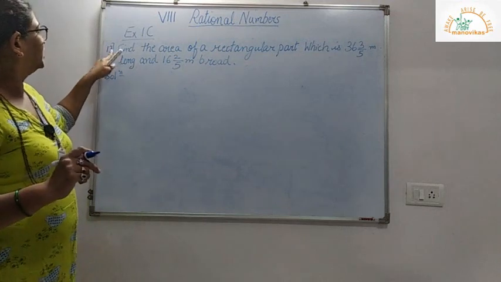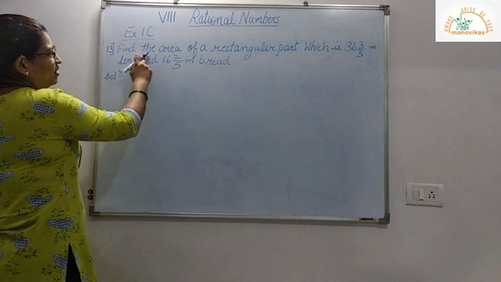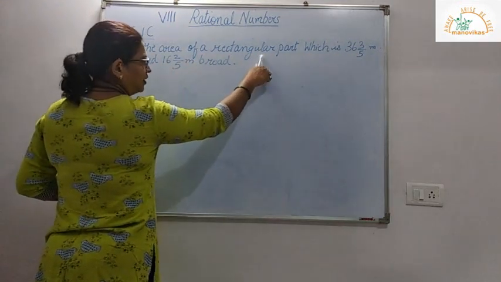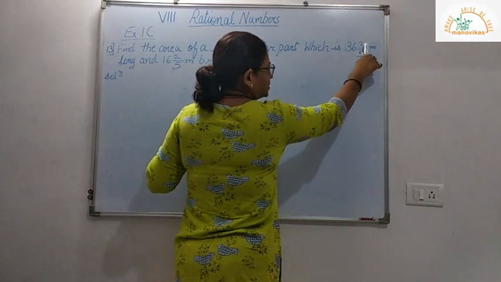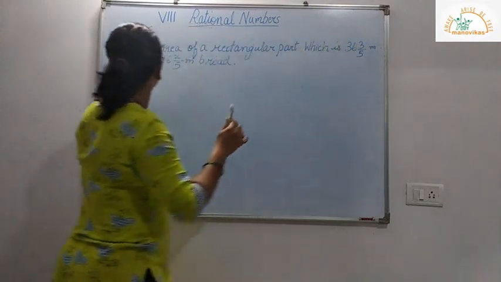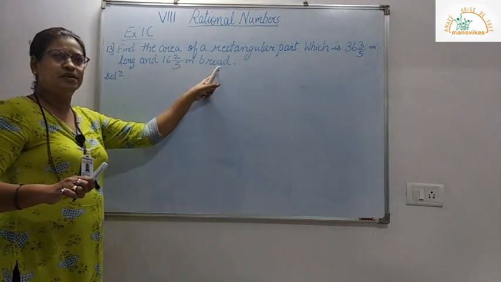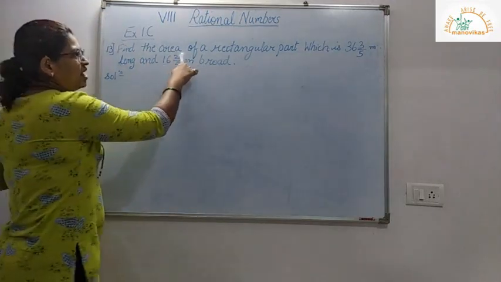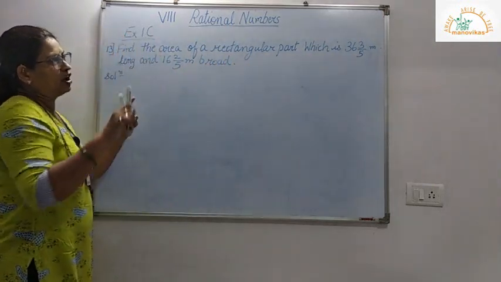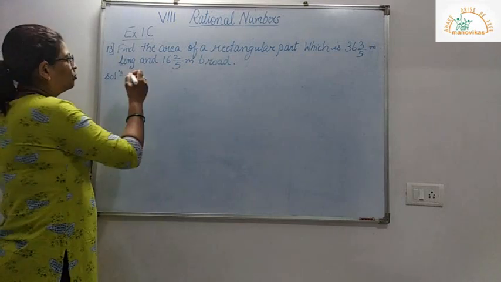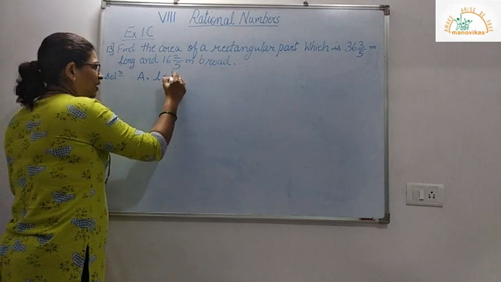Now we continue with the sum number 13. Find the area of a rectangular park which is 36 3/5 meters long and 16 2/5 meters broad. Now when we say area of a rectangular park, it means area of a rectangle, and the formula for area of rectangle is length into breadth.